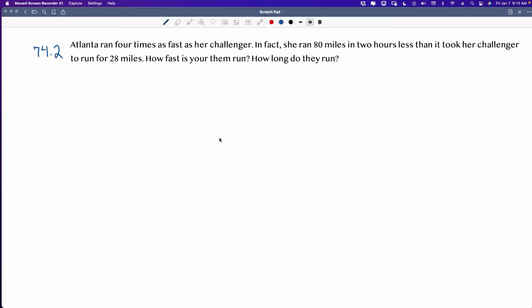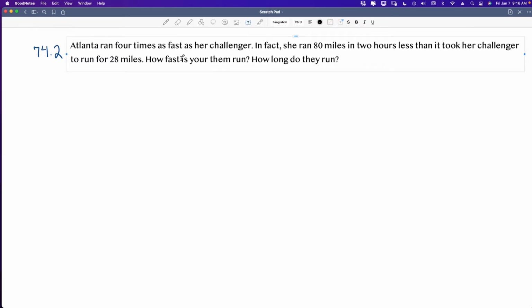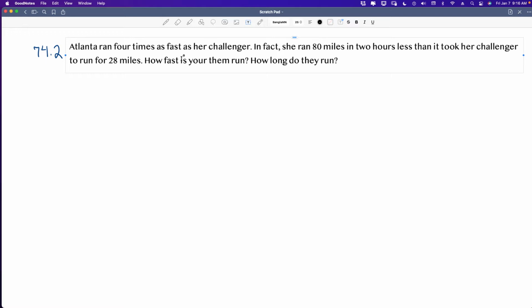How fast is your them run? Okay, so here's what I did. I dictated this so I didn't have to type it because my typing isn't great either. Let me correct this. This is not what that's supposed to be. Come on, my computer is taking its own sweet time.